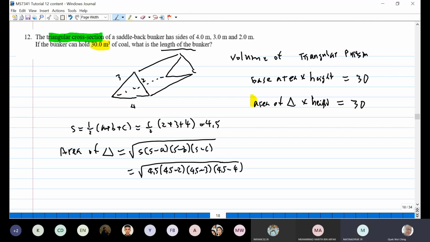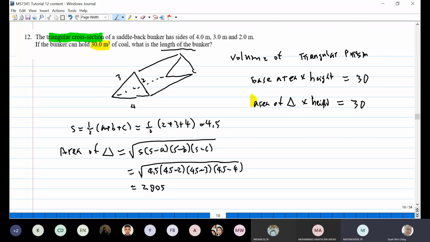Take the square root of this number. It'll give you 2.90, 2.905, or 2.90 is enough.